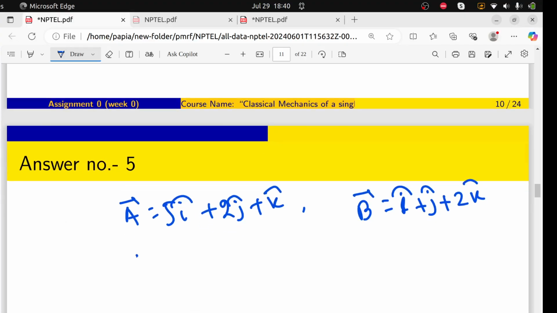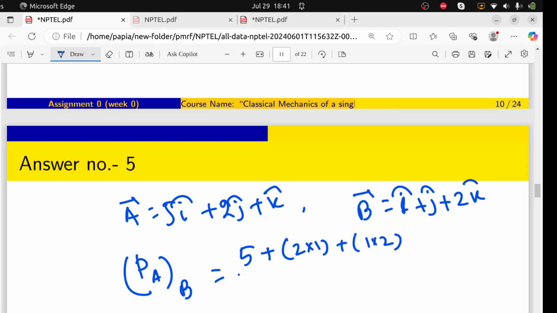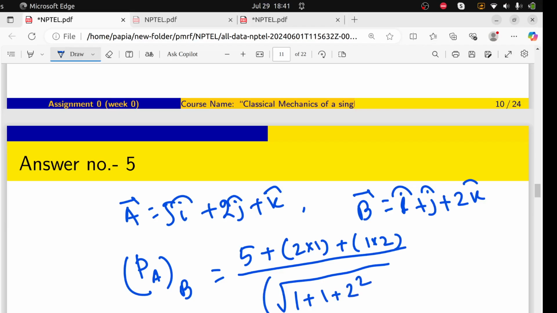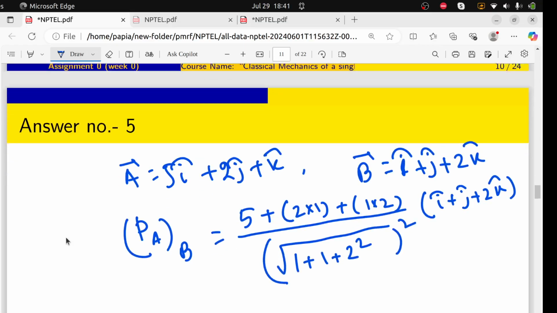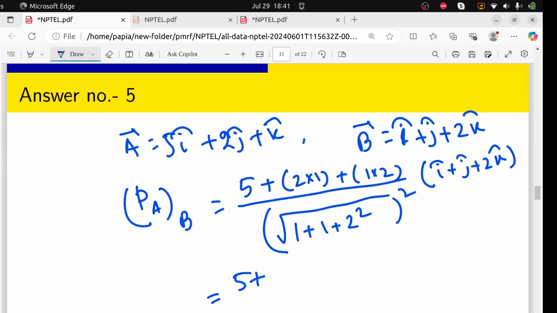So projection of A along B is A dot B divided by mod of B square. First of all, A dot B is how much? 5 plus 2 into 1 plus 1 into 2. And mod B is root of 1 plus 1 plus 2 square, whole square, and then i cap plus j cap plus 2k cap. So it is 5 plus 2 plus 2 divided by, this is 4, 5, 6.